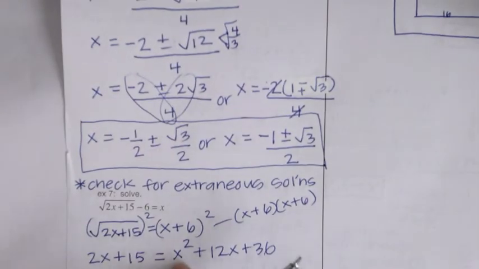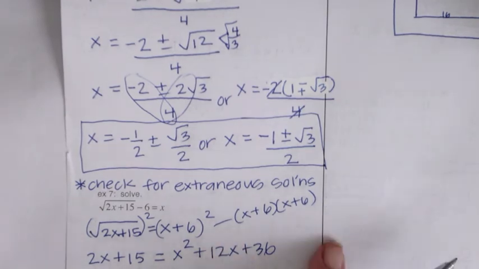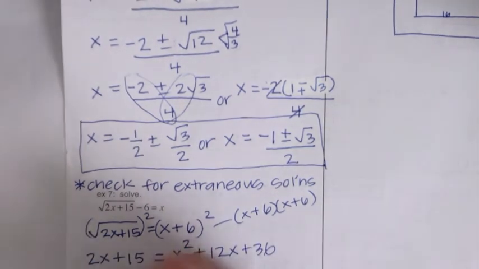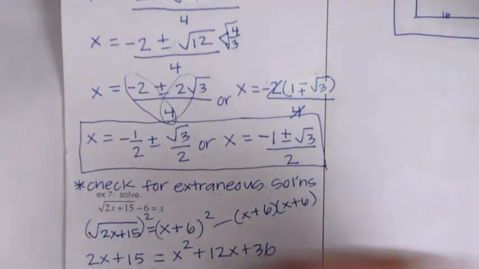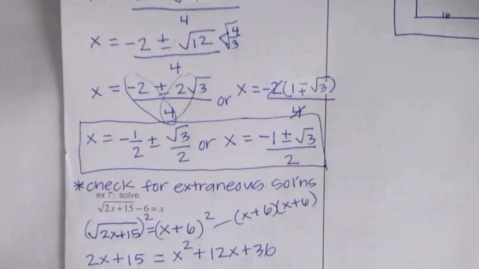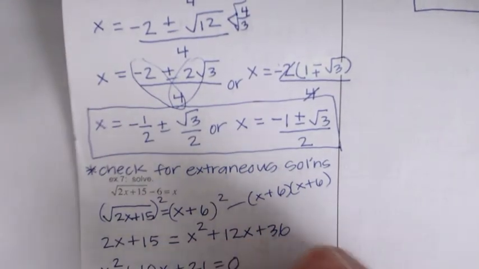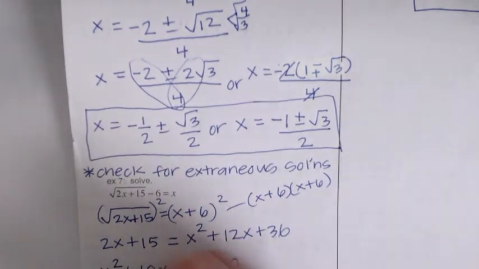I prefer to have my x squared term be positive, so instead of subtracting all this to the left side, I'm going to subtract this to the right side and then put my equal 0 on the other side. So x squared plus 10x plus 21 equals 0. I could complete the square here because this is even, there's no leading coefficient, but in my brain right away I see that I can factor this, so I'm going to.